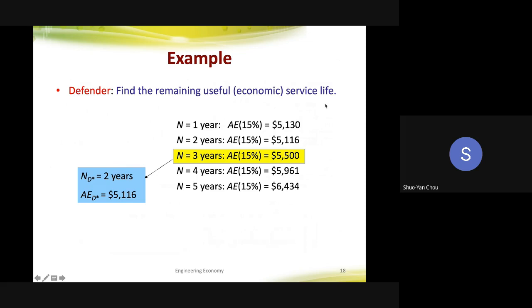So here the Defender behaves like this. First year, second year, third year, it gets bigger already. So we will replace it with the same Defender every 2 years, and the annual equivalent cost will be the lowest for the Defender.